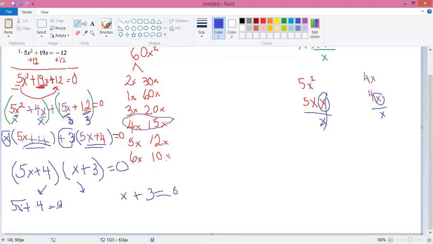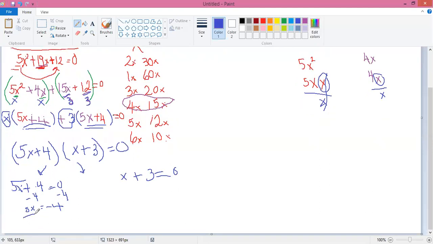So for the 5x plus 4 equals 0, I'm going to subtract 4 from both sides. And I'm going to get 5x equals negative 4. And then I'm going to divide both sides by 5. And x is going to be equal to negative 4 over 5. So that's one solution.